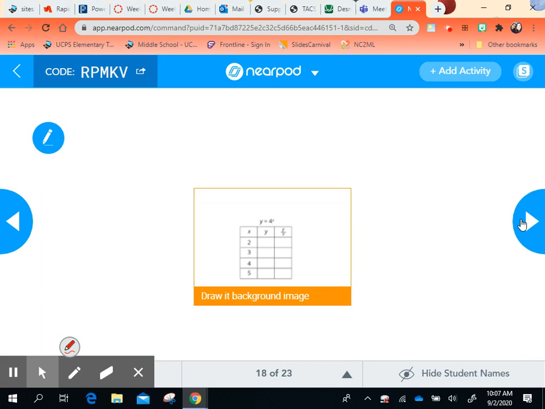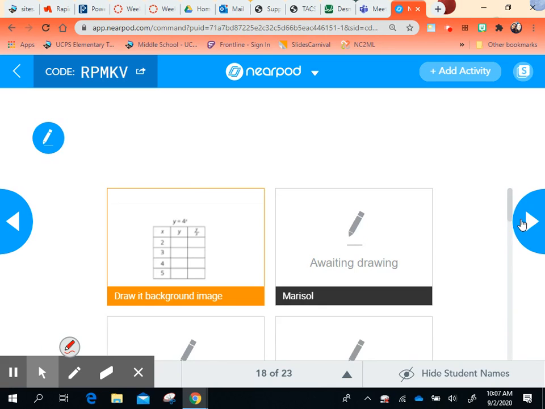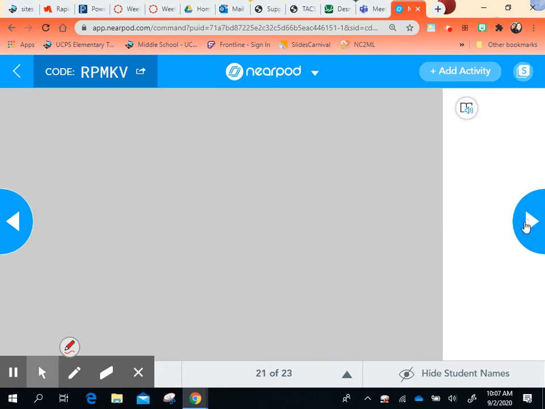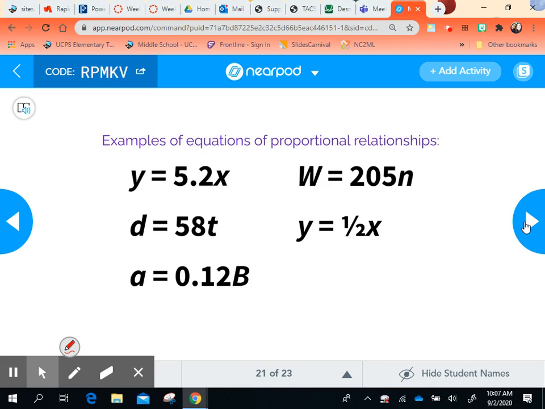We'll be fine. Okay, so we're not going to do the last two tables. So today we discovered that proportional relationships are written in equations in the form of y equals kx. Examples of proportional relationships.